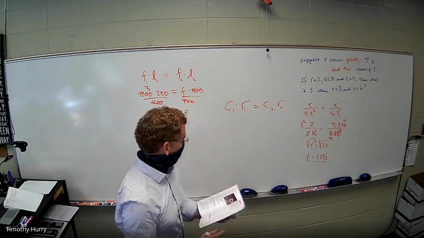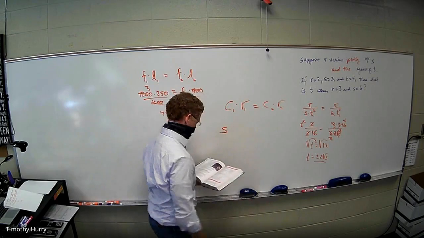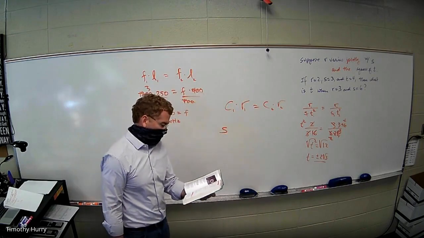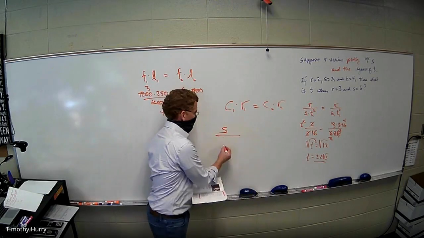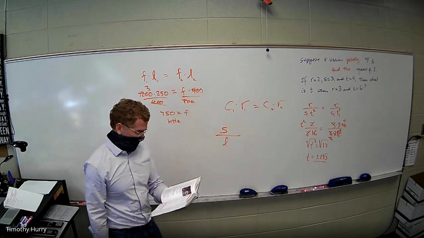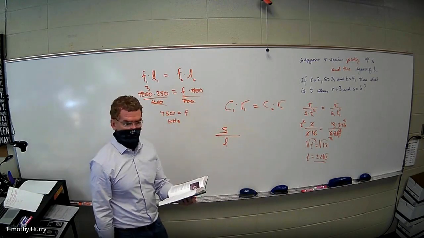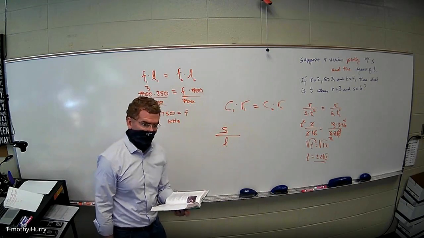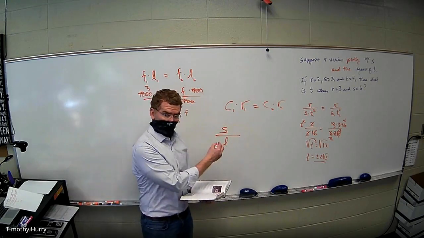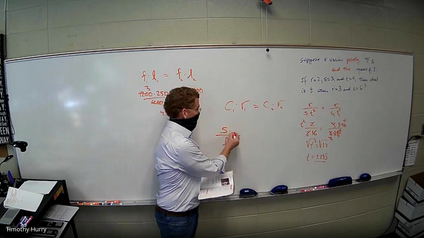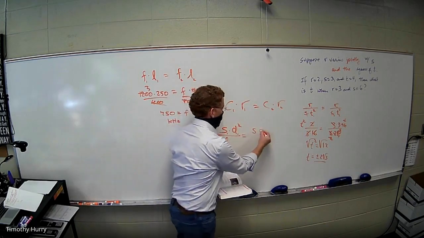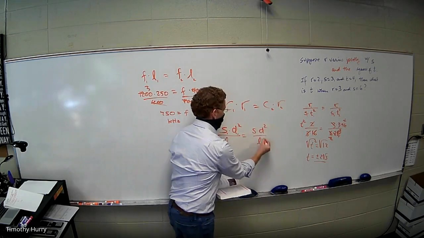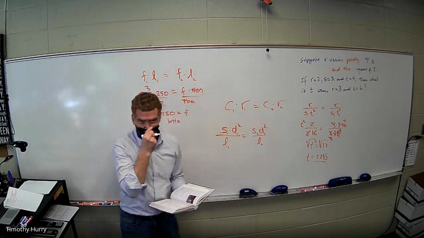The stretch in a wire varies directly as the length, right? And inversely as the square of the diameter. Times diameter squared. 1, 1, 1. 2, 2, 2. Plug and check.